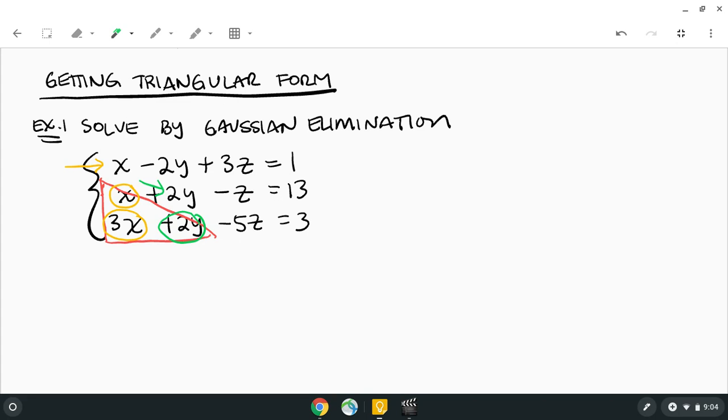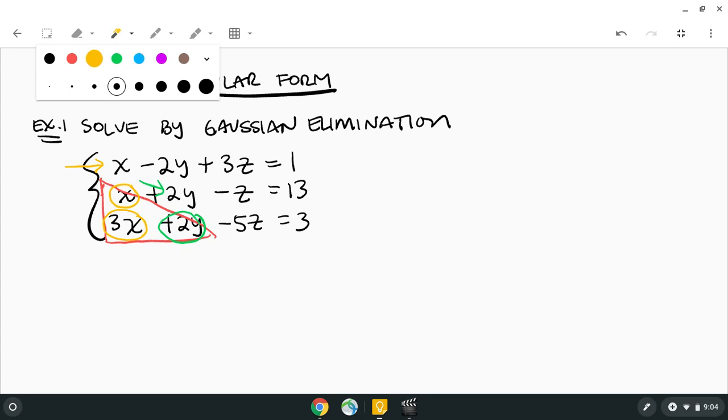So I'm going to start off by eliminating the yellow ones first, the one in the middle first, then the bottom one, and then I'll eliminate that green one.